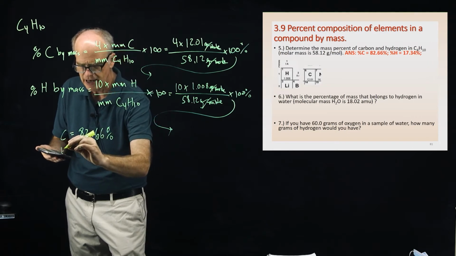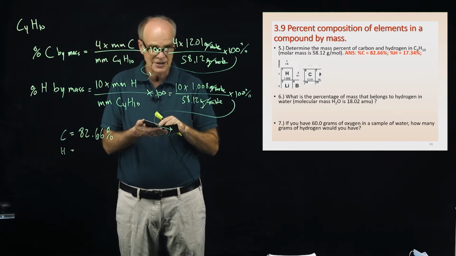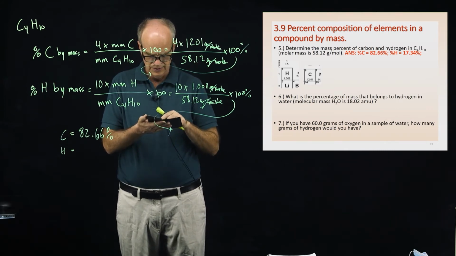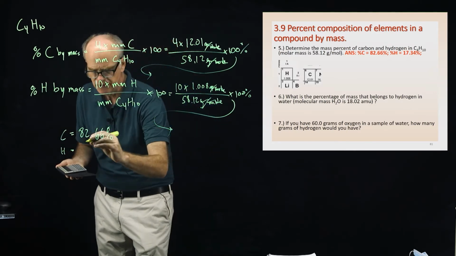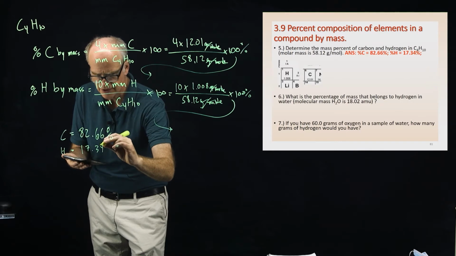Now how about hydrogen? So hydrogen is 10 times 1.008 divided by 58.12 times 100, and I get 17.34%.